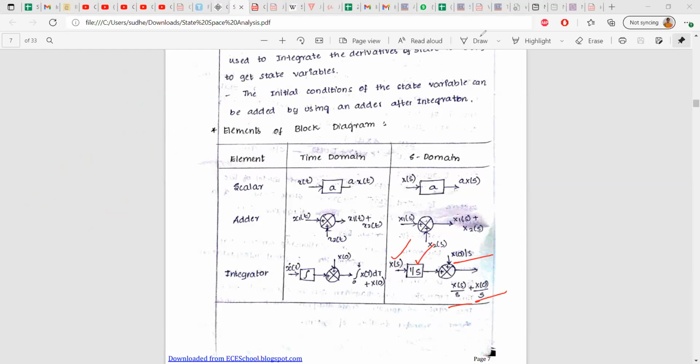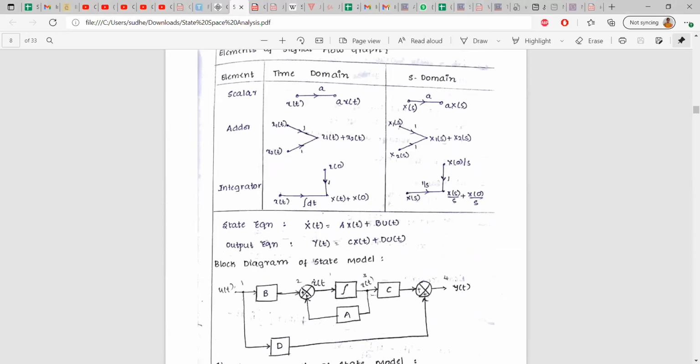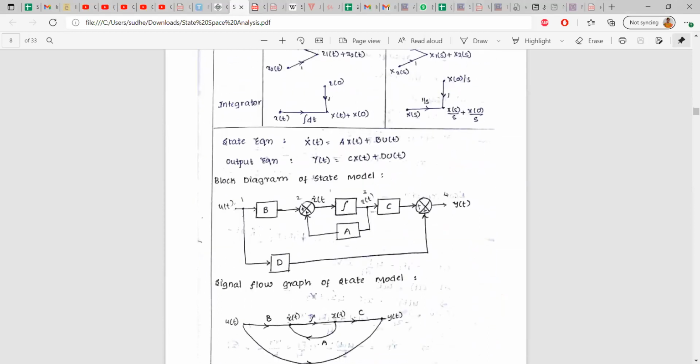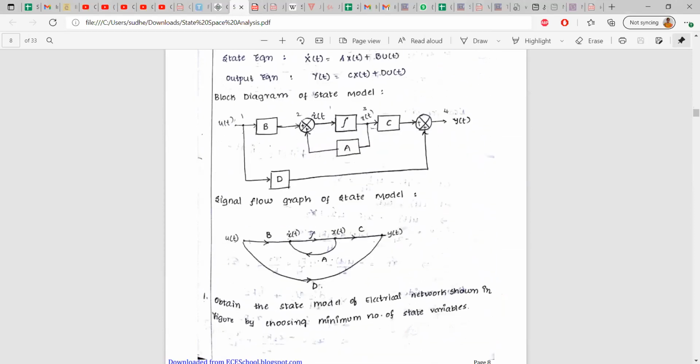Now see how this is represented. This is the state model. For this block diagram, what is input, what is output? U of t, y of t. In the state space model, I said u and y are the input and output vectors.